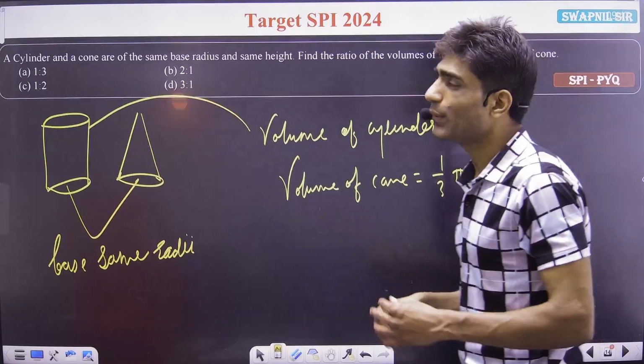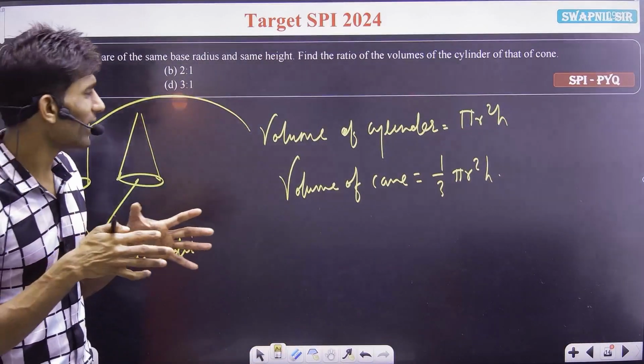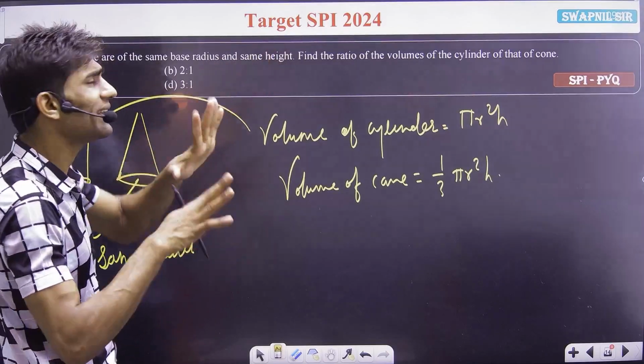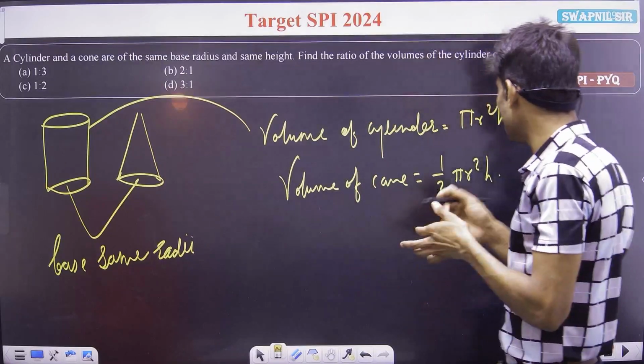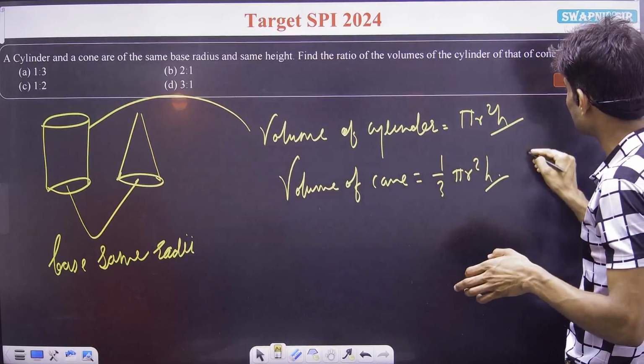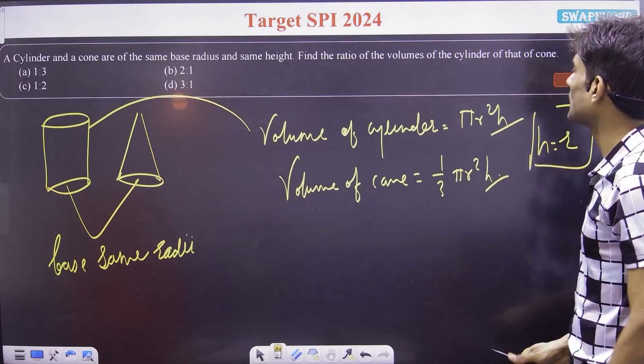We are given that height and radius are equal, so replace height with radius.